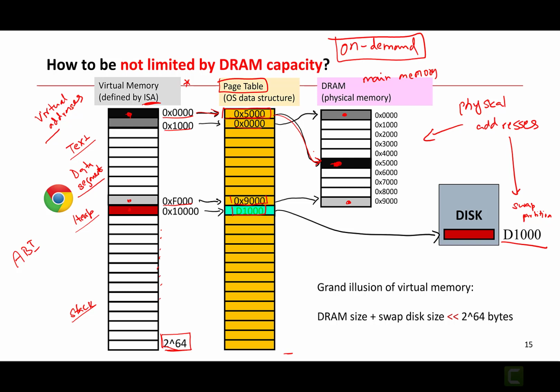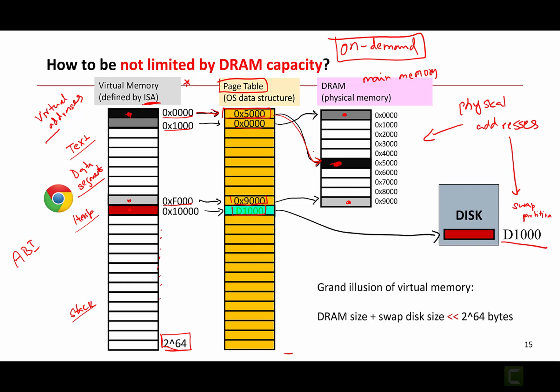So to recap, virtual memory is an operating system functionality that allocates physical memory space on demand to a given program. And it maintains this data structure called the page table, which maps every virtual address to an allocated physical address.